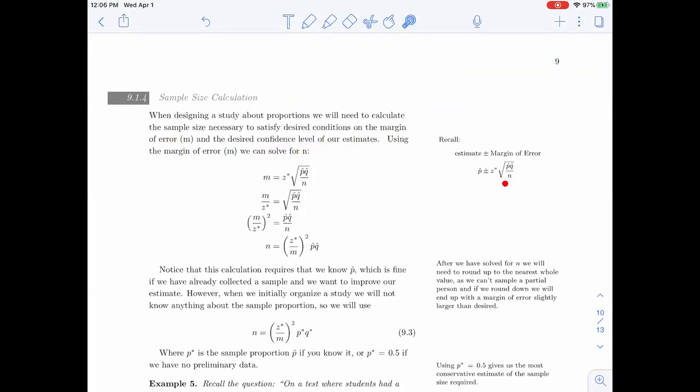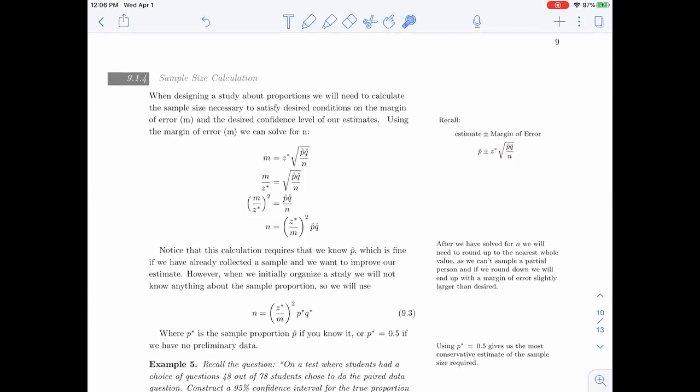Our margin of error from our confidence interval is Z star times the square root of P hat times 1 minus P hat over N. So if we solve this for N, we get N equals Z star over M, squared, times P hat Q hat.